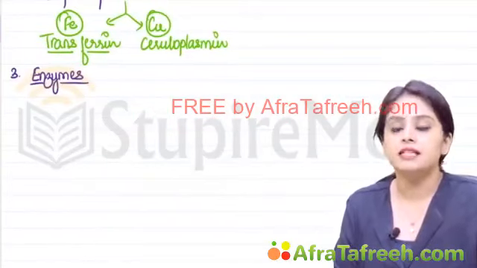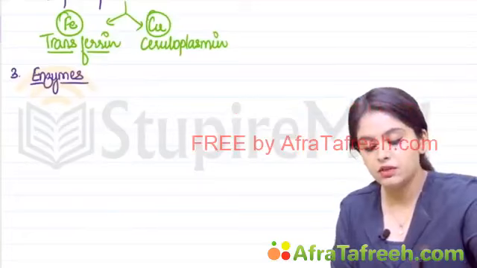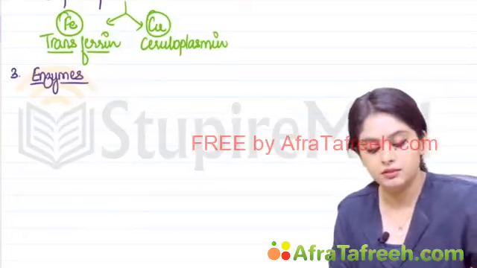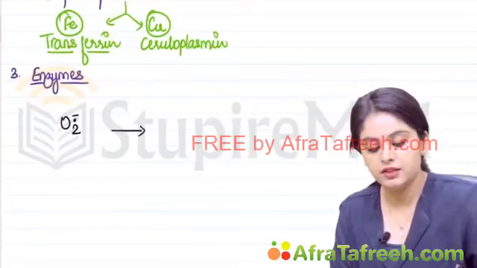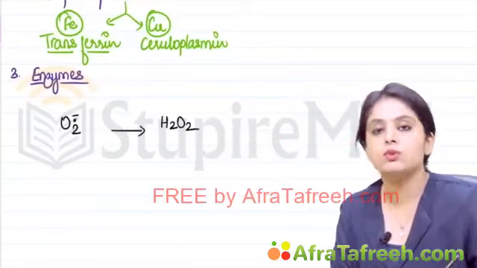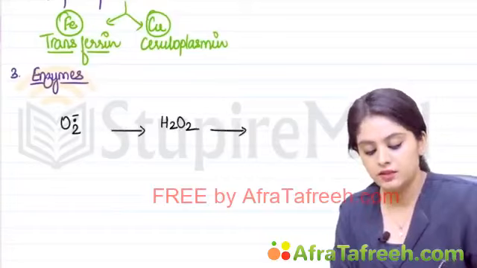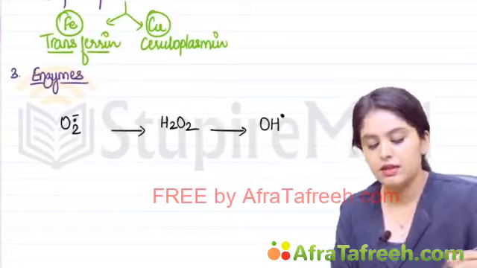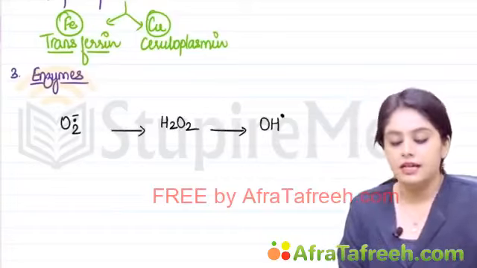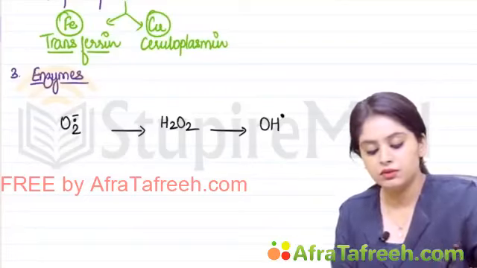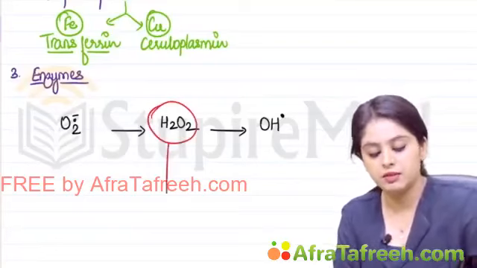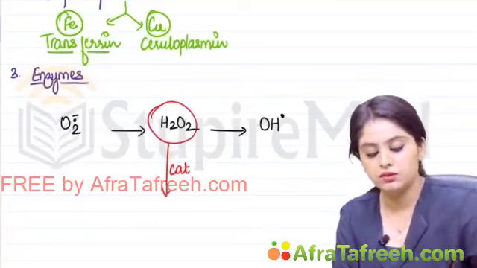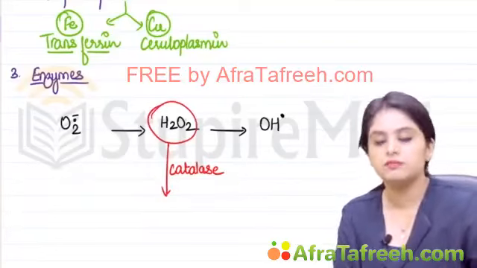Now, for understanding the enzymes, it is essential that we go through and revise that pathway once again. Superoxide gets converted into H2O2, which in turn gets converted into the hydroxyl ion. Now students, what we need to know is, if we want to break H2O2, which enzyme can be used? We can use catalase.